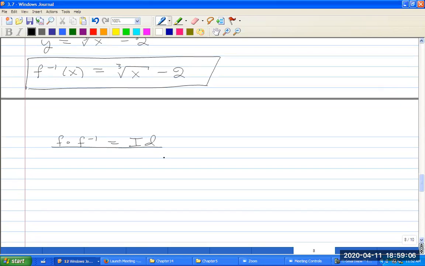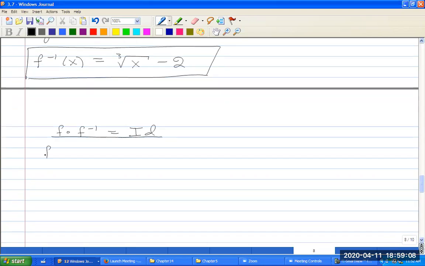So let's look at f composed with f inverse at x. Wherever I see an x in the formula for f, I'm going to replace x by the rule, the cube root of x minus 2.